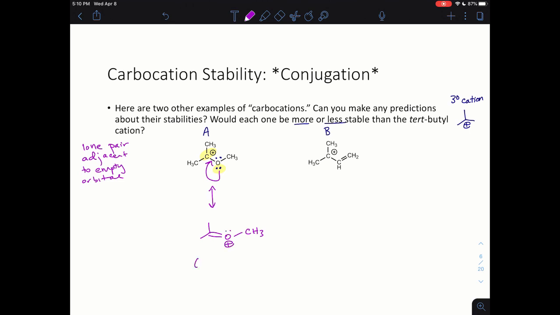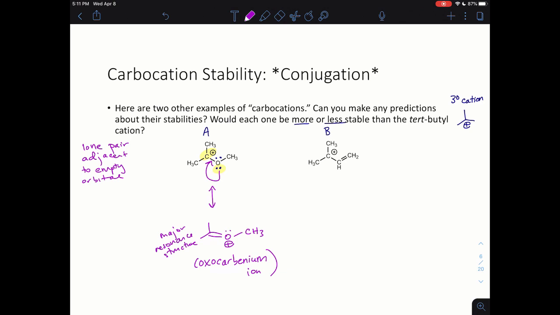In fact, it even has a fancy name. It's called an oxocarbenium ion. Ooh, very fancy. And this resonance structure is actually even the major resonance structure because all the atoms have filled octets. I know it gets tough because you see the formal charges on oxygen, which is more electronegative than carbon, but octets are the most important factor in determining what the most stable resonance structure is.